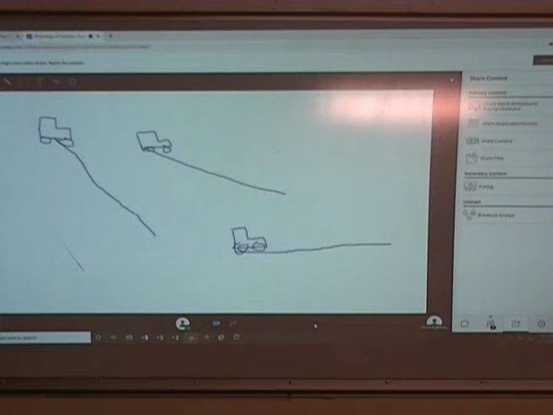So, for oxygen, if you look back at that diagram, for oxygen to move out of the alveoli and into the bloodstream, there has to be a gradient between the pressure of the oxygen in the alveoli and the pressure in the bloodstream.